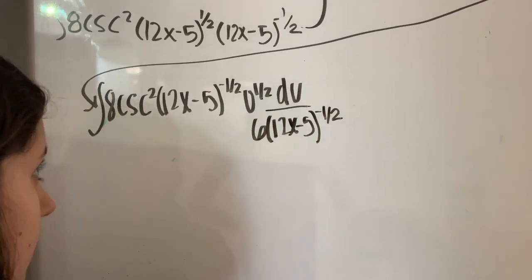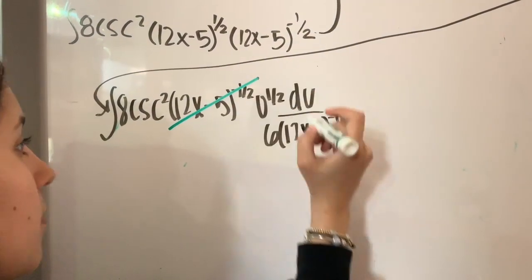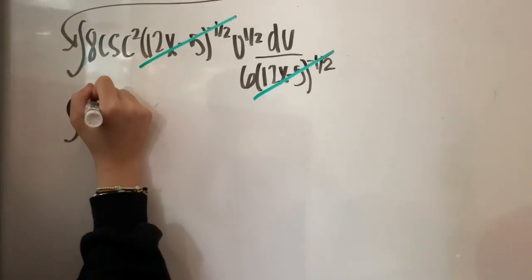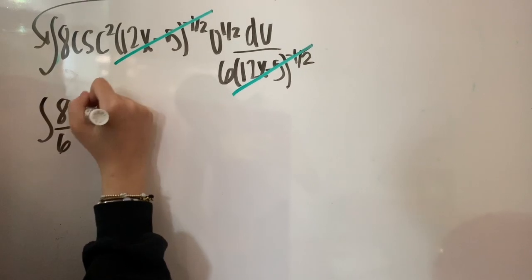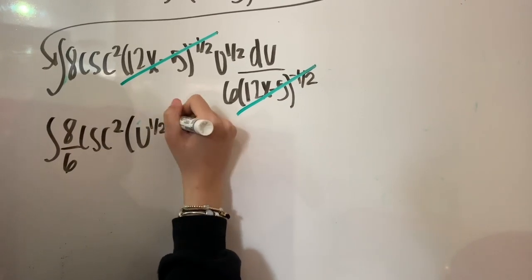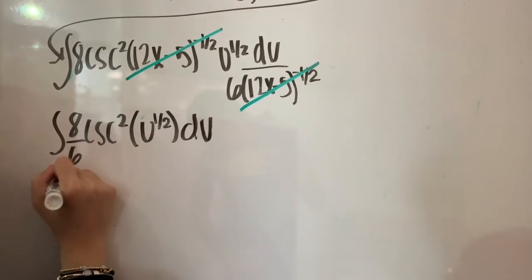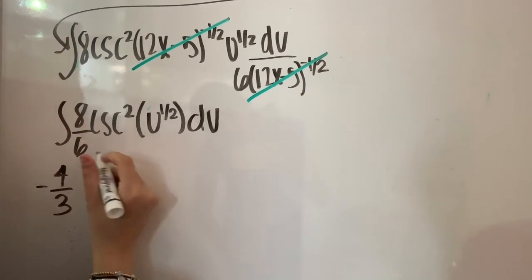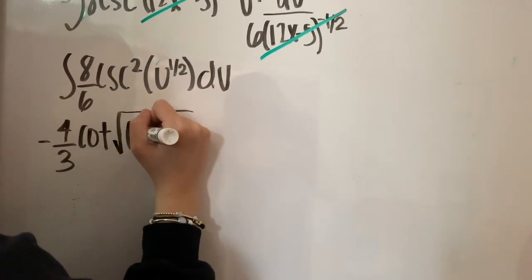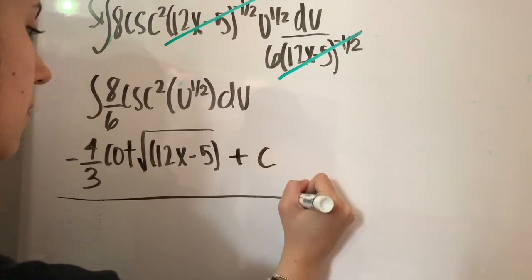So after this, you can see that we have similar variables, so we're gonna eliminate 12x minus 5 to the negative 1/2, and we're left with the integral of 8 over 6 cosecant squared of u to the 1/2 times du. So now we're gonna use the rule of cosecant to the even power, and we have negative 4 over 3 cotangent of your u, that is 12x minus 5 to the 1/2, that is the same as the square root, plus c.